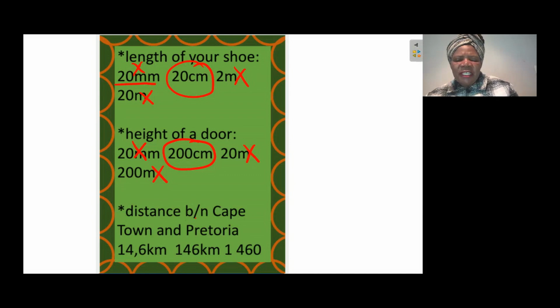Then the distance between Cape Town and Pretoria. Okay, distance between Cape Town and Pretoria. Now looking at the buses which travel from 80 kilometers per hour to around 100 kilometers per hour or 120, they will take about 2 days or 1 day traveling.